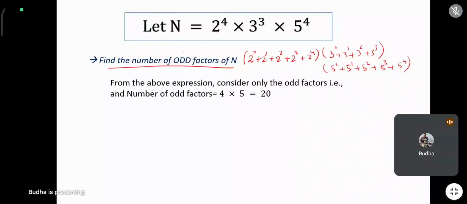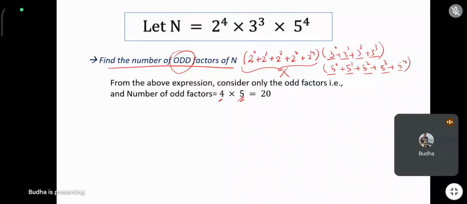Now for odd factors, what I need to do is, if I want odd, I will remove this part. If I remove this part, how many are left? 1, 2, 3. Just count, okay? You don't have to multiply them. Simply count. 1, 2, 3, 4. That is 4. 1, 2, 3, 4, 5. That is 5.